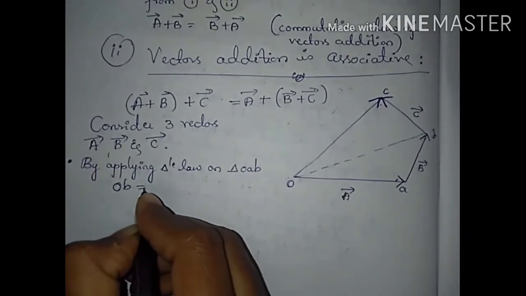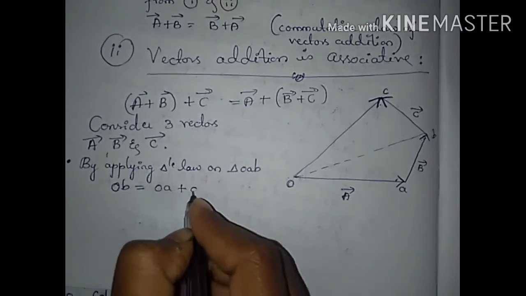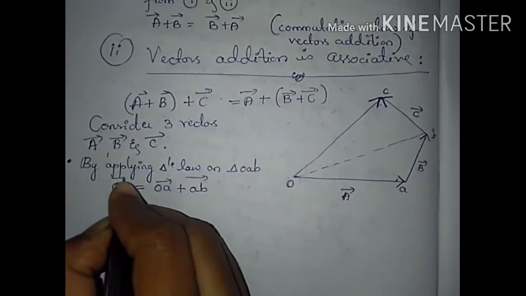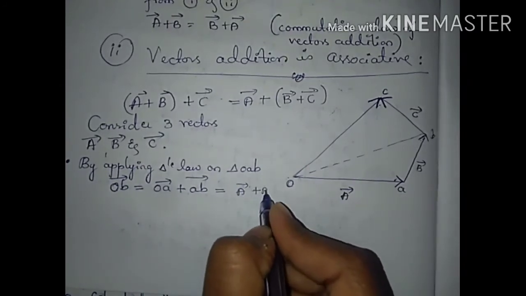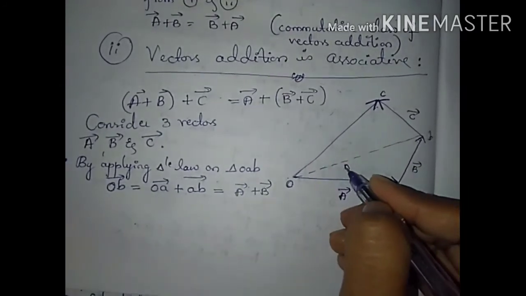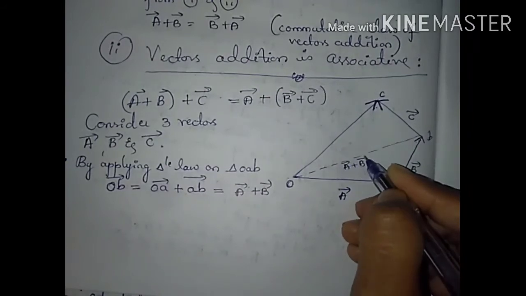OB is equal to OA plus AB. So this is equal to what? Vector A plus vector B. So this here is vector A plus vector B.